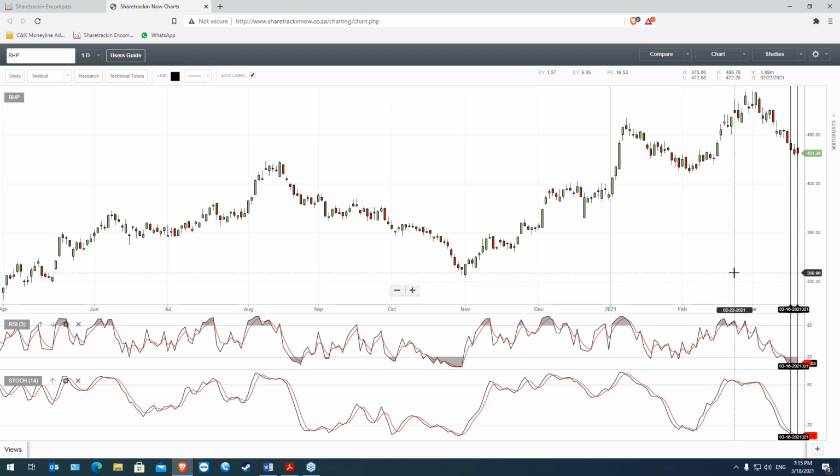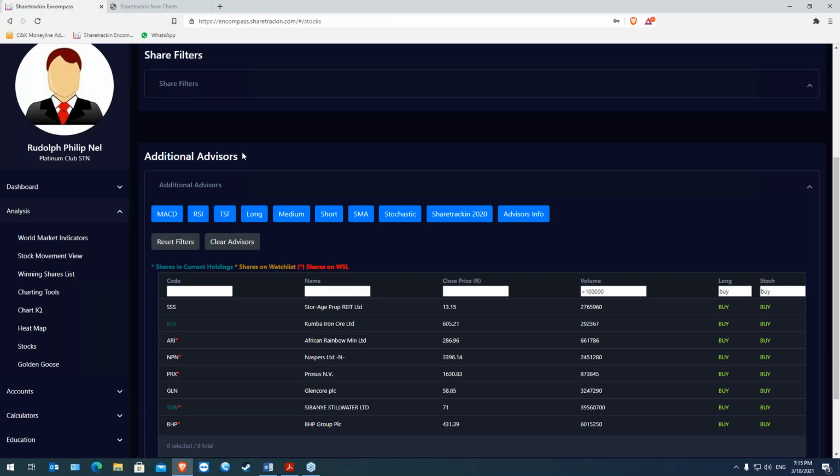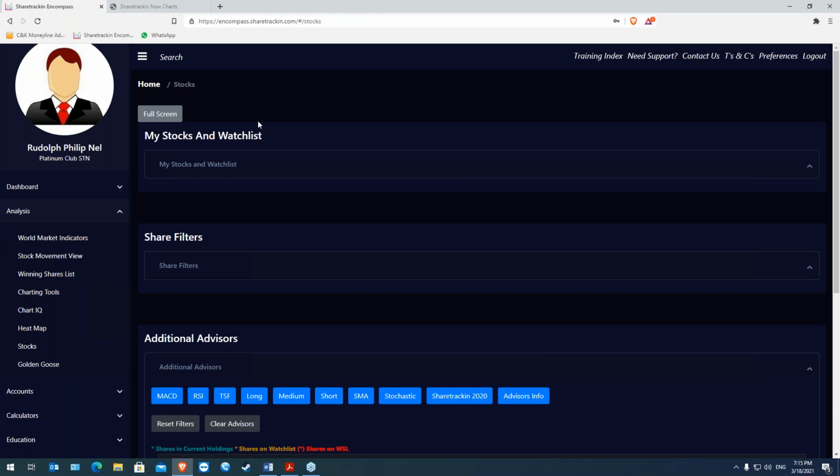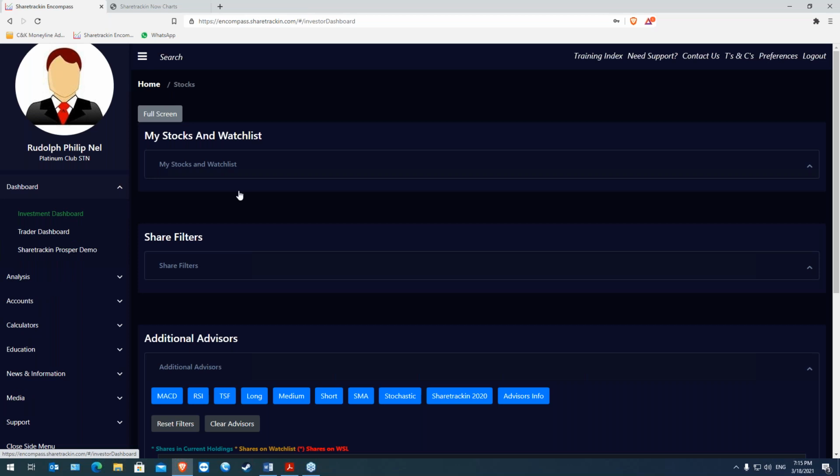So some of the shares that you get on the SMS would obviously not be a buy immediately. Sometimes you need to take the share and put it onto the watch list. Now, Rudi, how do you put it on the watch list? You don't need to come back to the additional advisors. You can even be on your dashboard.